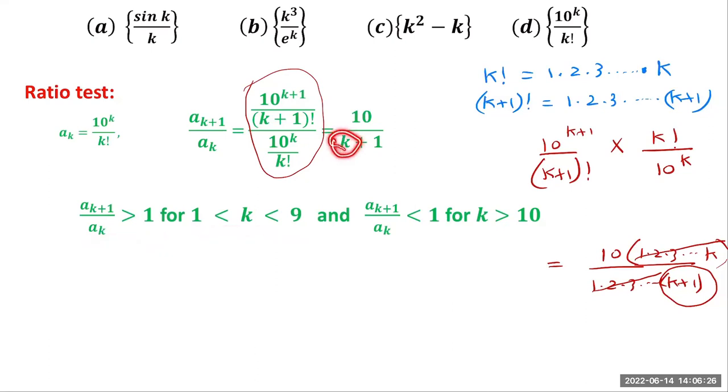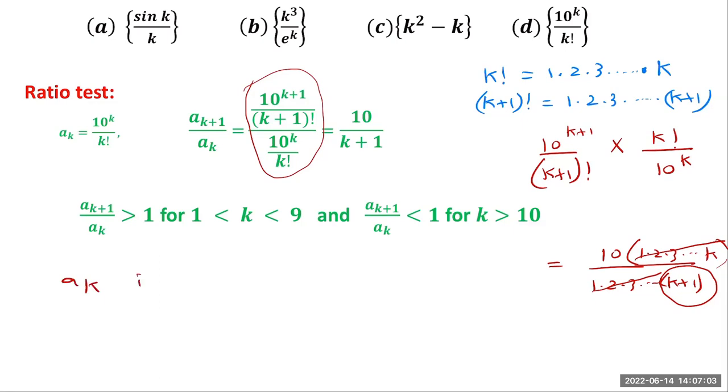If this k is bigger than 10, then this ratio is less than 1. Of course, if this ratio is less than 1, it's decreasing, but it is less than 1 only for k bigger than 10. That means this is an eventually decreasing sequence.